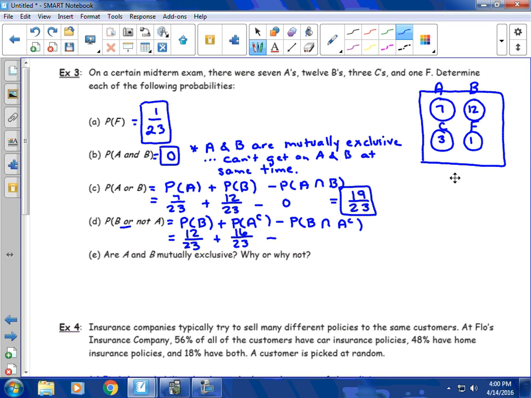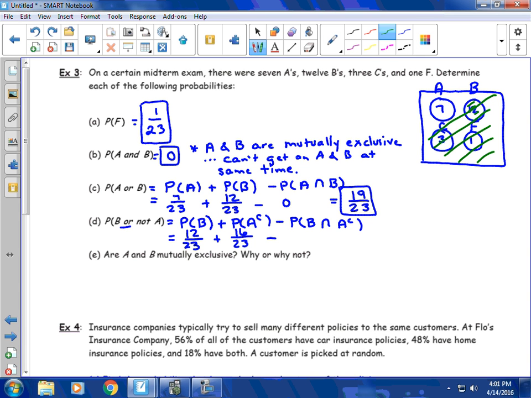But probability of B and not A is not mutually exclusive. Because if I look at the probability of B, that's obviously this. The probability of not A is all this other stuff. So there is some overlap there.